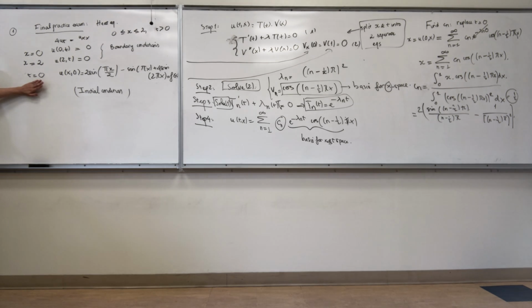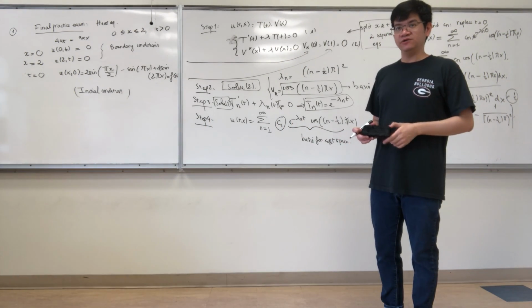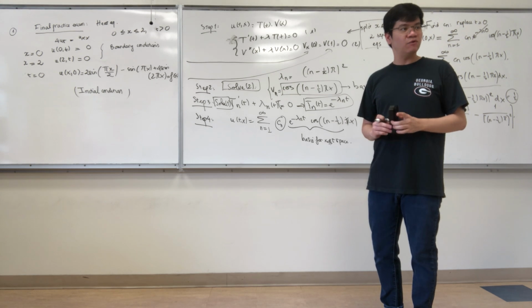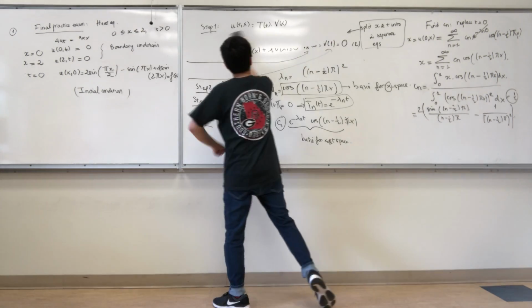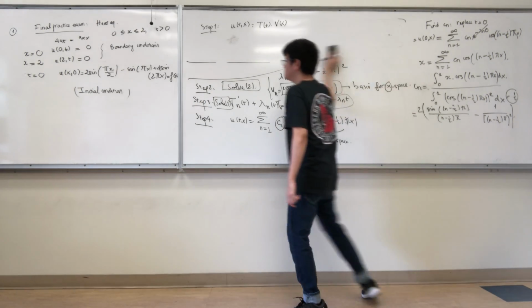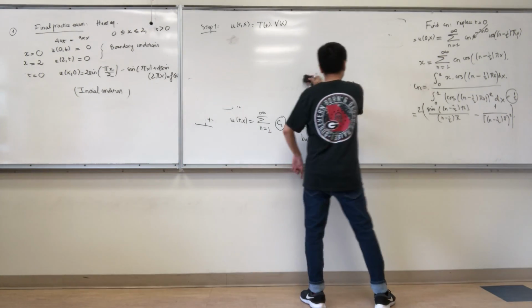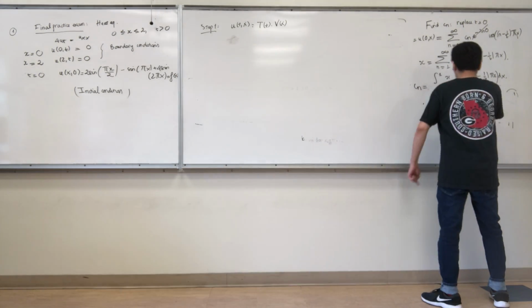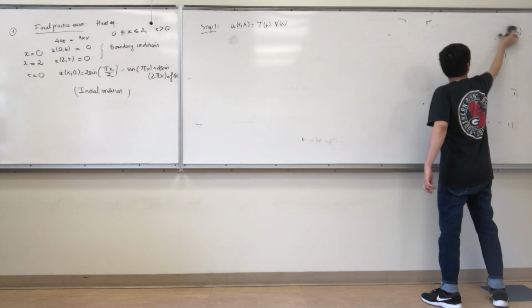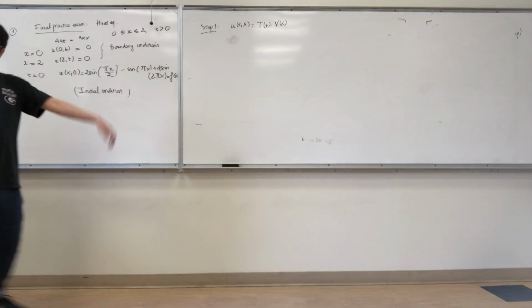All right? Now we have to solve this problem. Step number 1 is going to be the same, right? You're going to use the separable method. You're going to split the equation into an equation of t and an equation of x, right? Again, I'll explain.